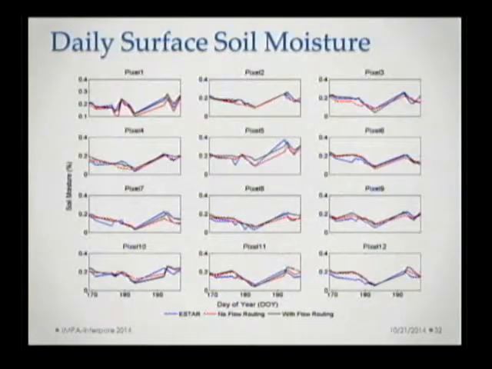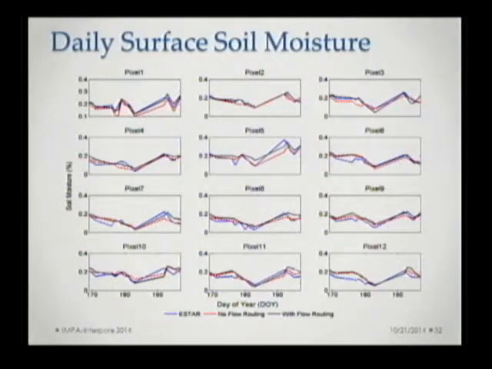Right? So the red lines here were the upscaled surface soil moisture with no flow routing, which is similar to what we did in the test cases or the synthetic case. The black lines are with the addition of the flow routing, which was done offline, as I explained earlier, and the blue lines are our measurements. Right?